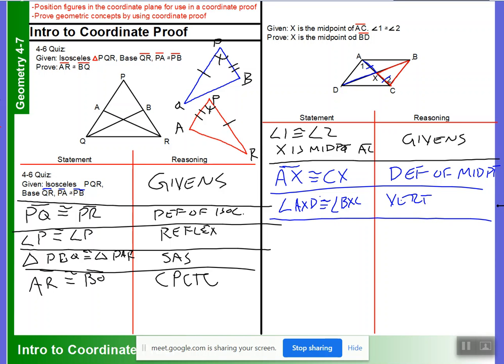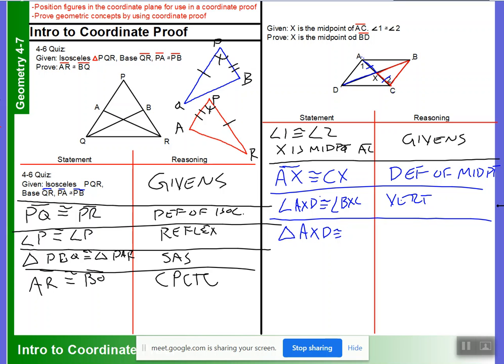Okay. And then we can say triangle AXD is congruent to triangle BXC because of the ASA that we use. I think it's ASA. Okay. Typically you say the letters A-S-A. So just to make sure we got this right, AXD is congruent to, well, what point corresponds with A?